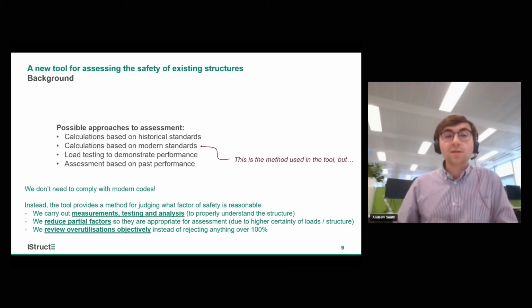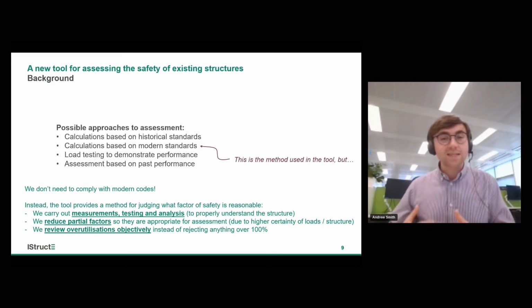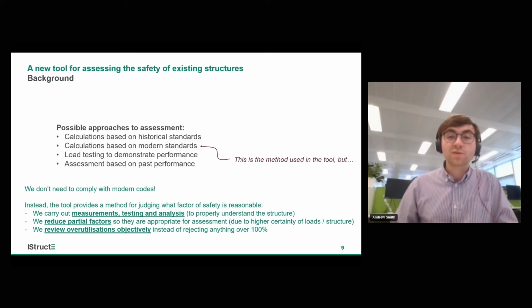And really, to do this, we've set it out in terms of 3 steps. We can carry out measurements, testing, analysis, things that really help us understand the structure as well as we could. Then the second step is we can try to reduce partial factors from the modern code values to ones more appropriate for assessment due to higher certainty.